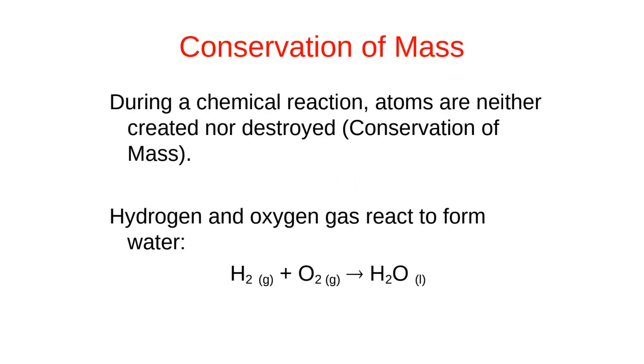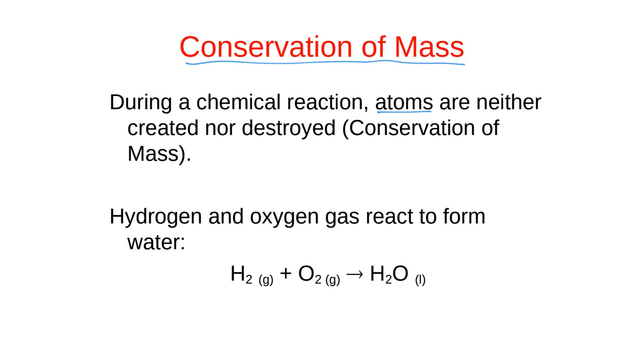When I told you about balancing an equation, I told you that whatever amount of reactant you are giving in a reaction, you must get the same amount of product. In other words, we call this the conservation of mass. So what is it? In chemical reactions, atoms are neither created nor destroyed.